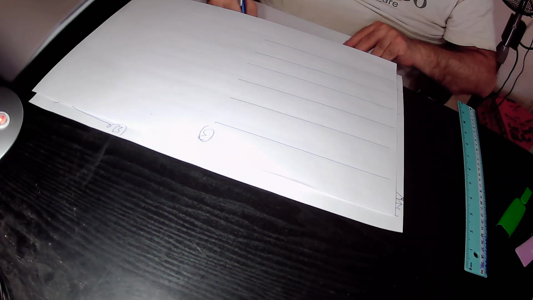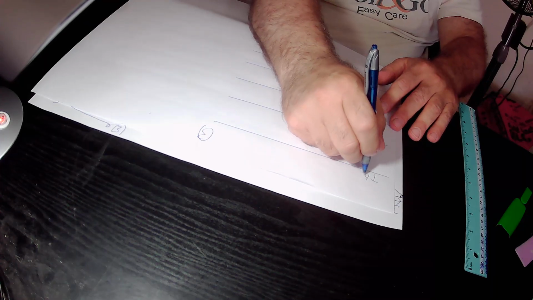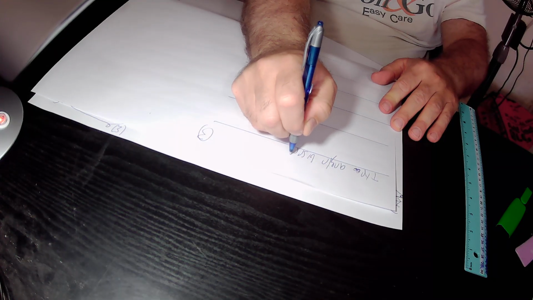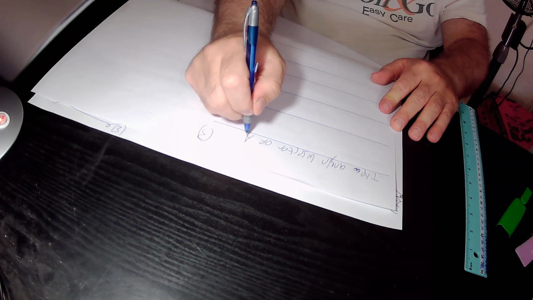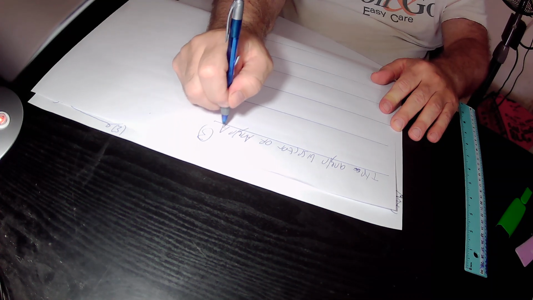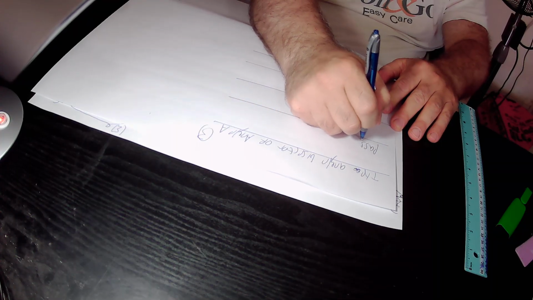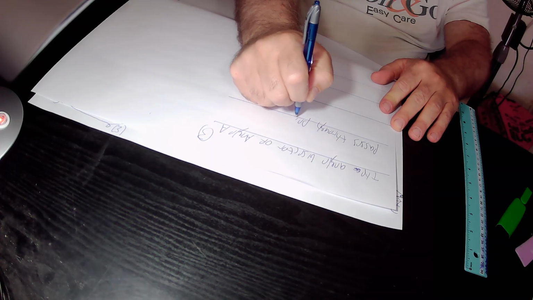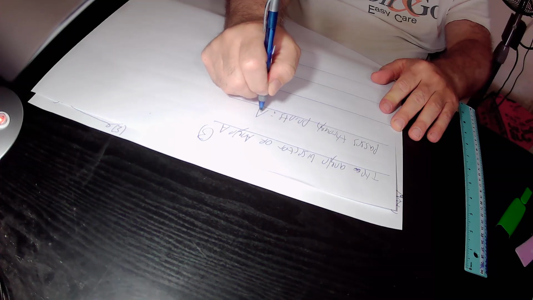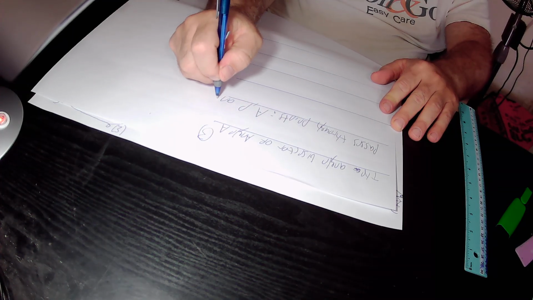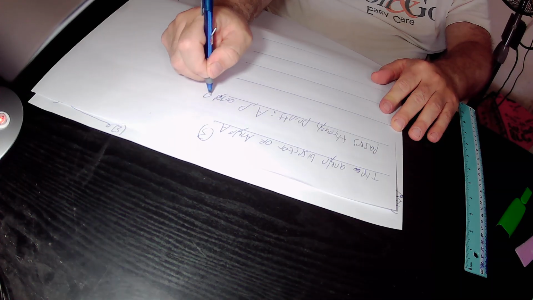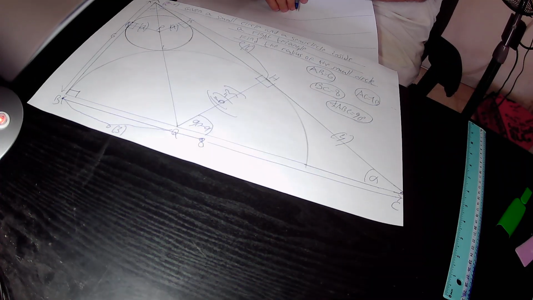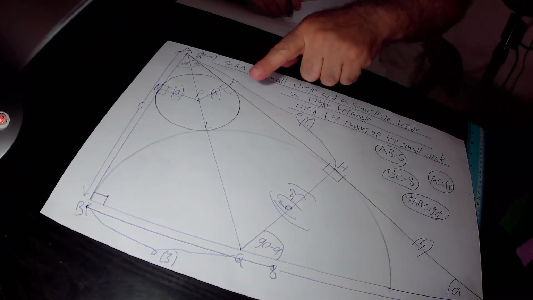We actually found out that the angle bisector of angle A passes through points A, P, and Q. Okay, again, the angle bisector of this angle A passes through points A, P, and Q.